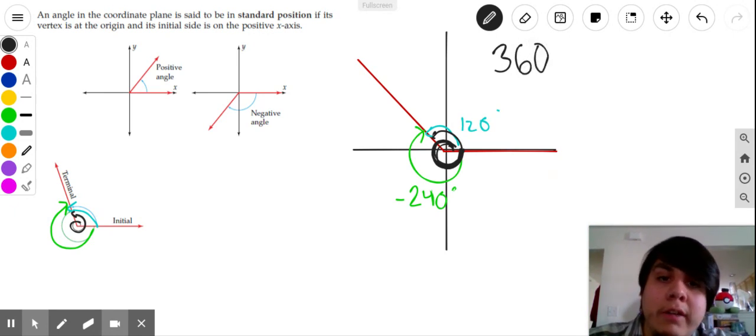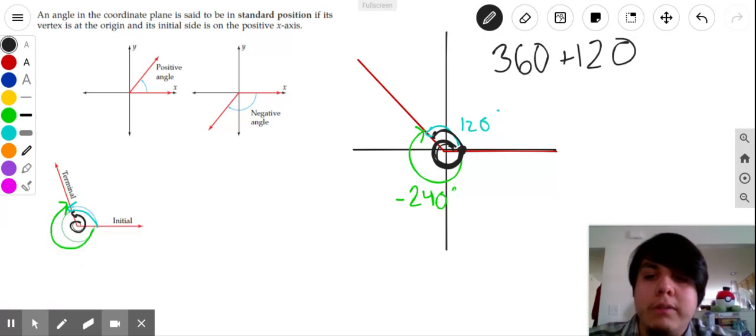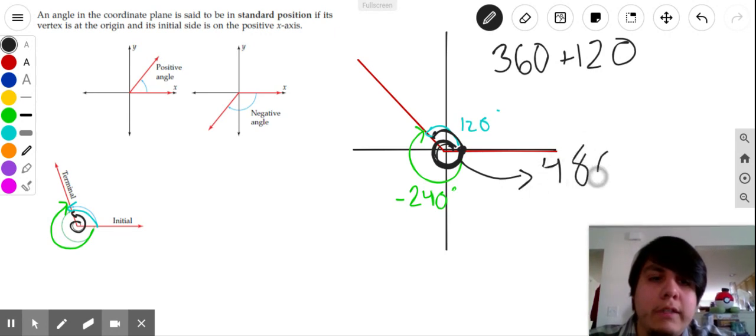It didn't complete another loop, it just picked it up from here and kept going. And it went that, which is still the 120. So I would say that other angle, dismiss it for now, means that this black angle should be 480 degrees. And these are all coterminal angles.